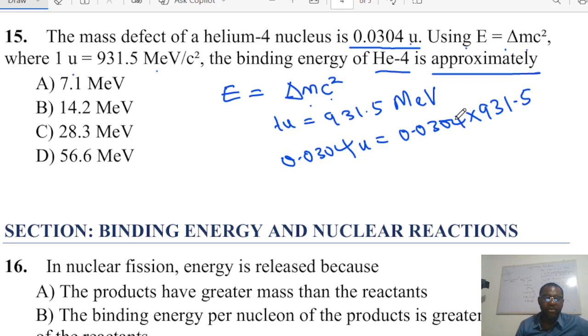Okay, so that is going to give us 28.3 mega electron volts. So the answer to this question is C.